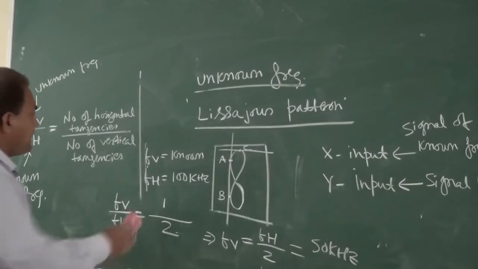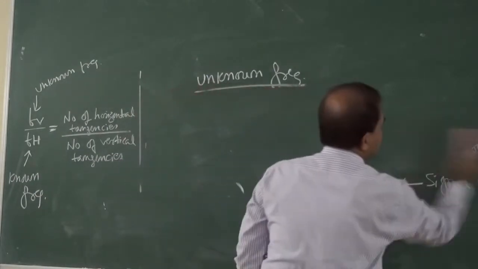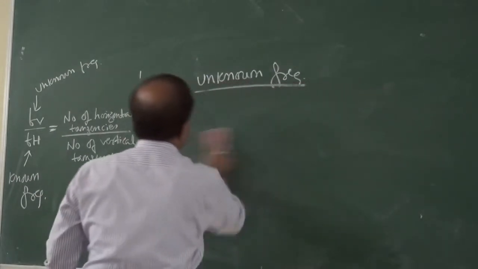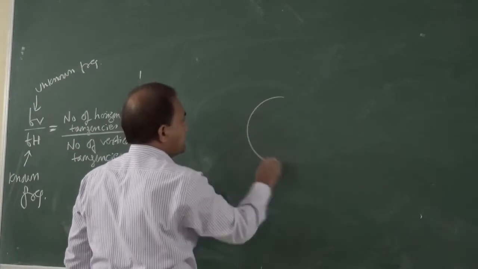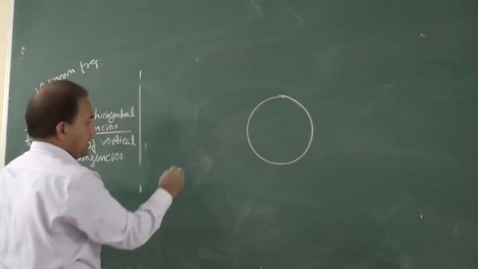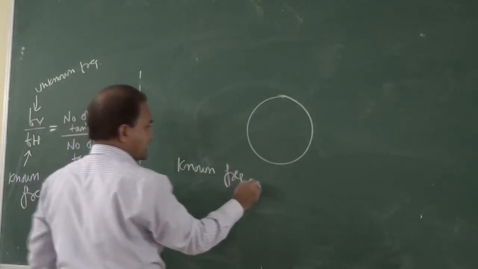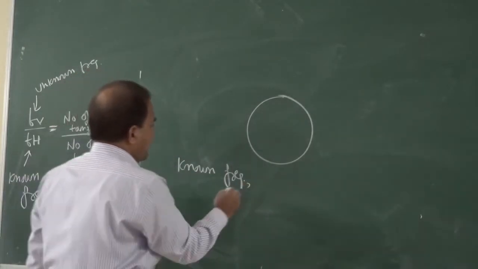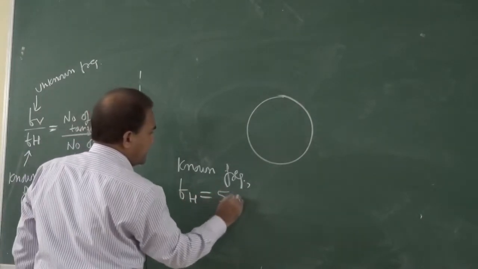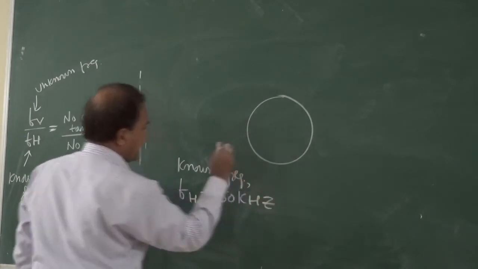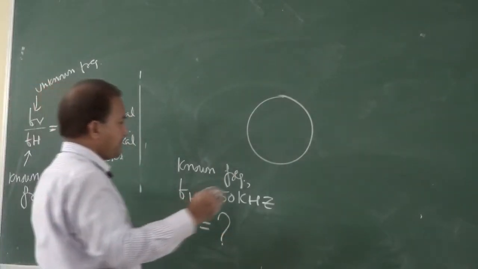Suppose I take another example. Suppose the Lissajous pattern is like this, and the known frequency of the signal applied to the X input, FH, is say 50 kilohertz. Then how can we determine FV?